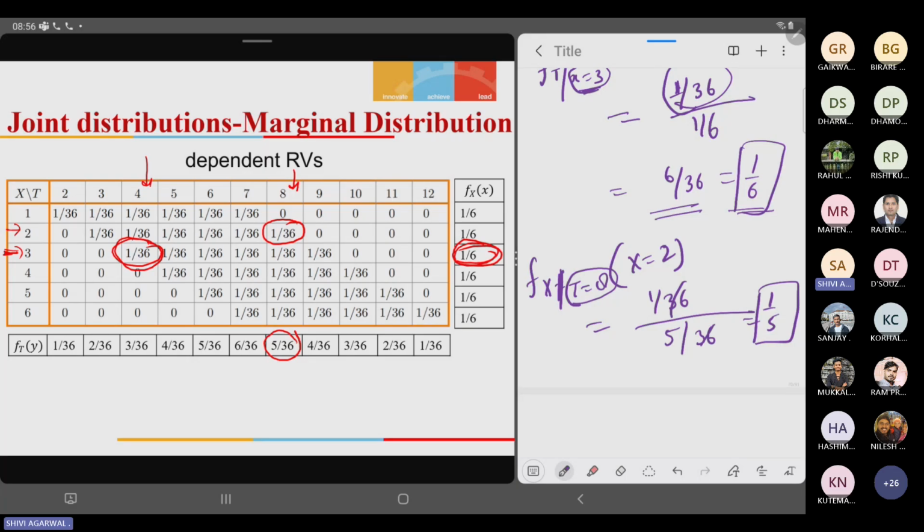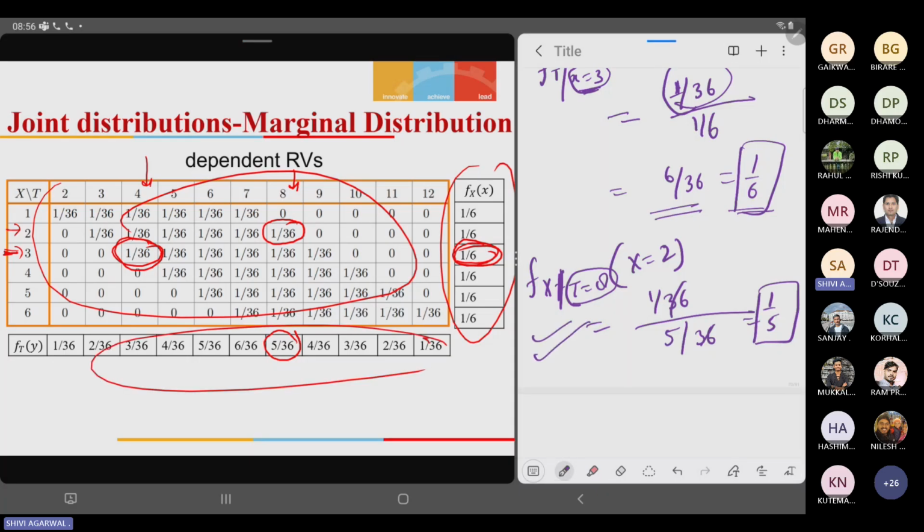Okay, so this is the method: we can use the joint table and then the marginal table to find out the conditional values. Are you getting my point? Why are we taking 5 by 36?